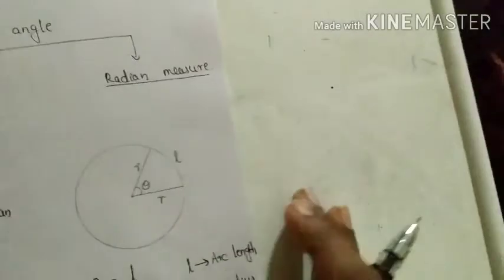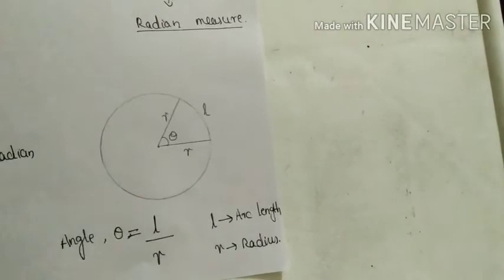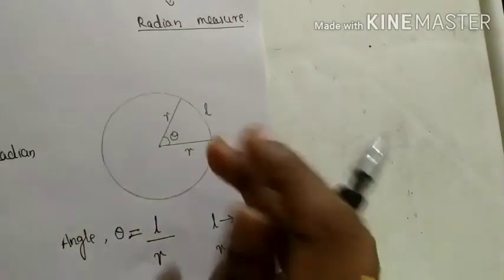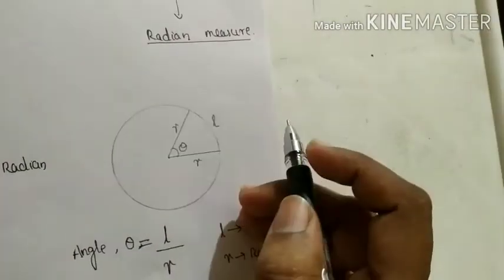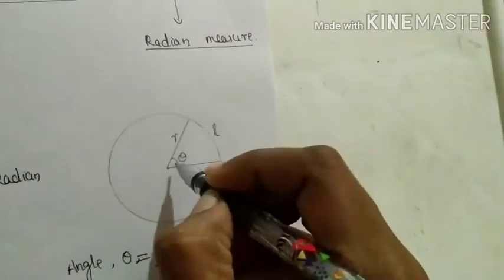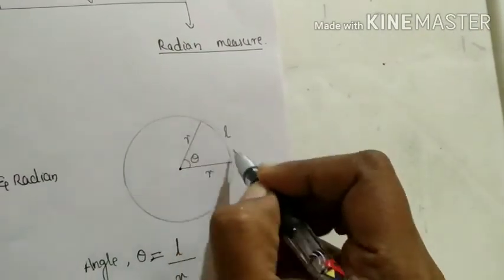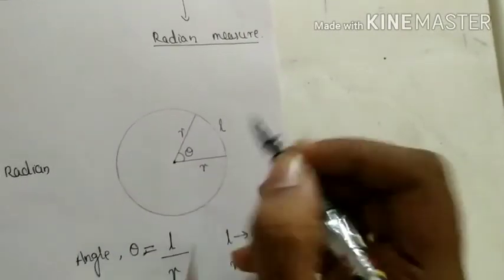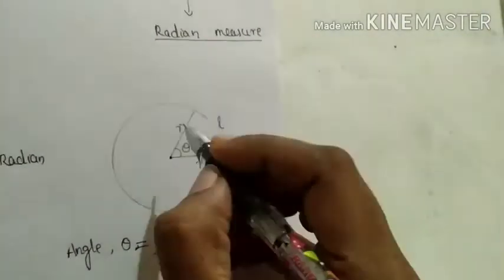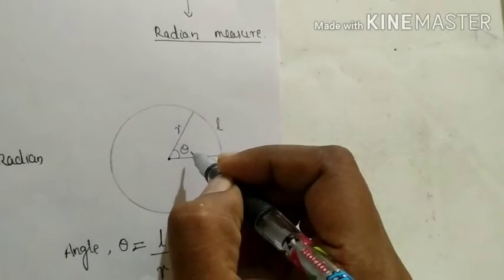Look at this figure, and we have already learned this figure before. Let us consider this sector having angle theta and radius r, and L is the arc length.